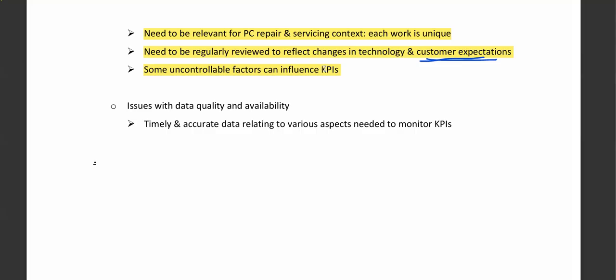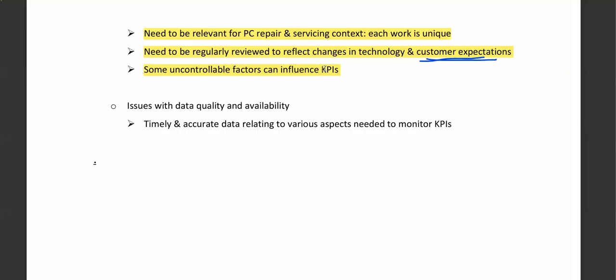But you need to understand the fact that sometimes it's not the employee's fault, but it was beyond his control. So that was just one specific example, and there could be a number of issues that affect the achievement of KPIs, and we need to appreciate the fact that we cannot always judge the employees or the managers based on the achievement of a certain set of KPIs.